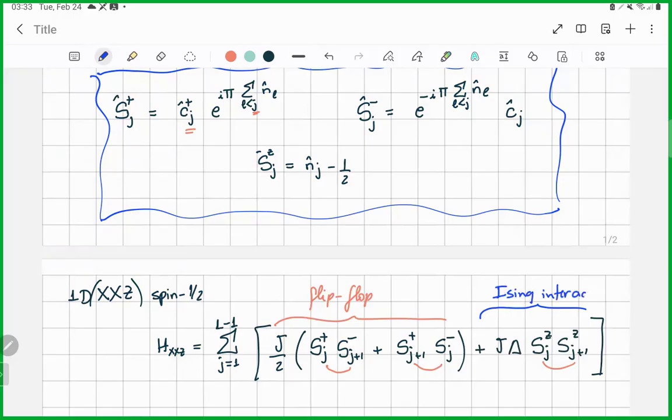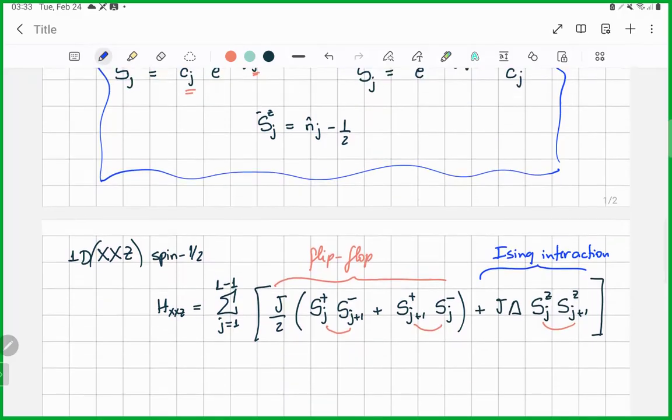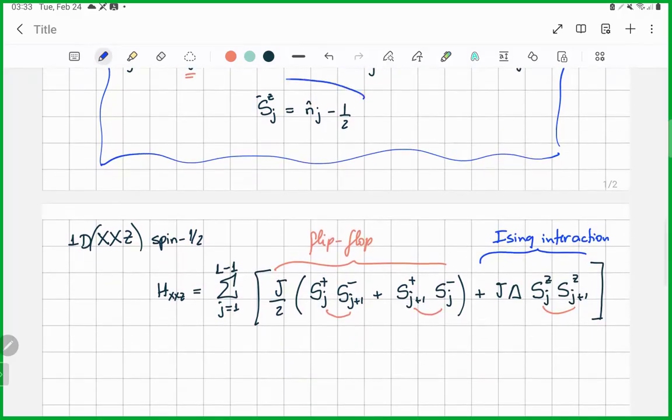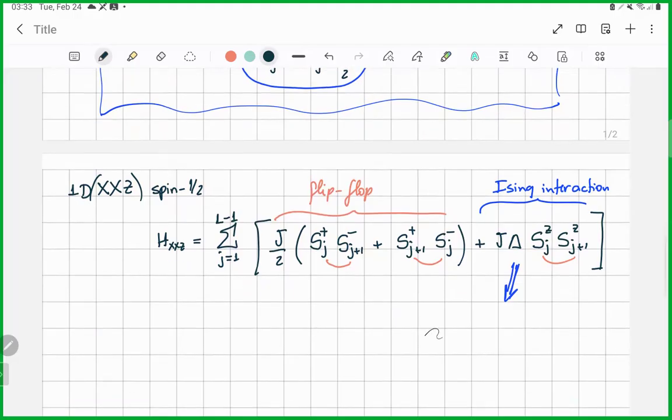Okay, so now let's map this into spinless fermions. Using this transformation, you can see directly that the Ising interaction can now be written as that product involving two number operators. Okay, so this is straightforward.